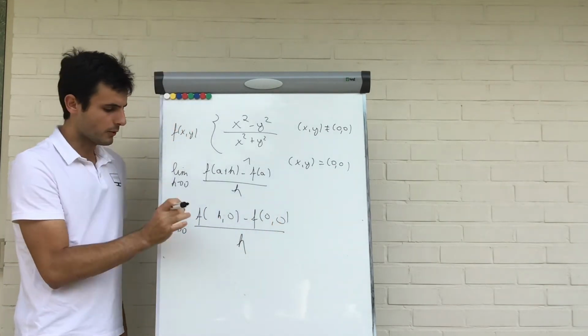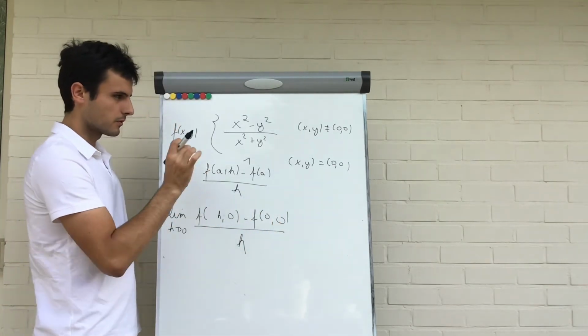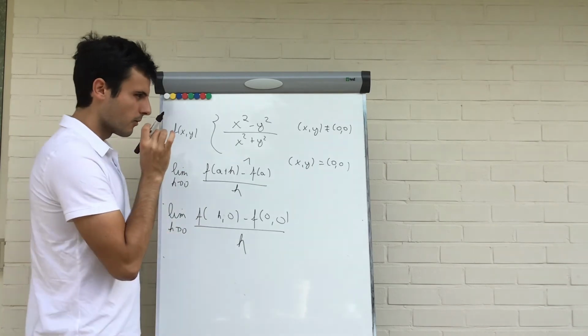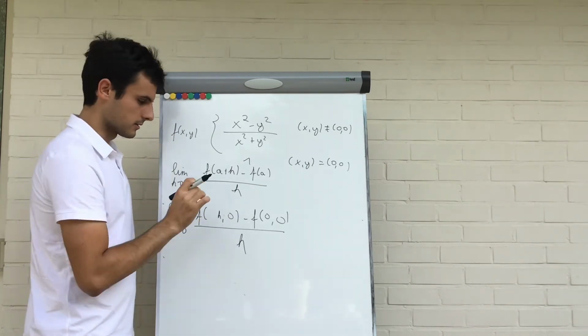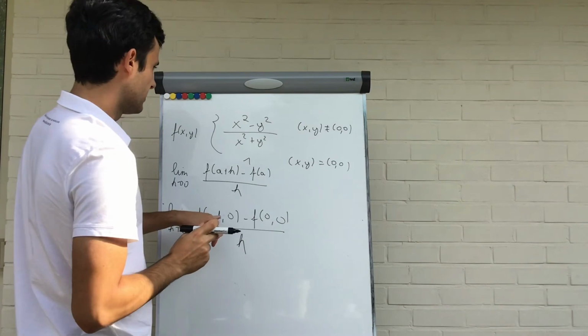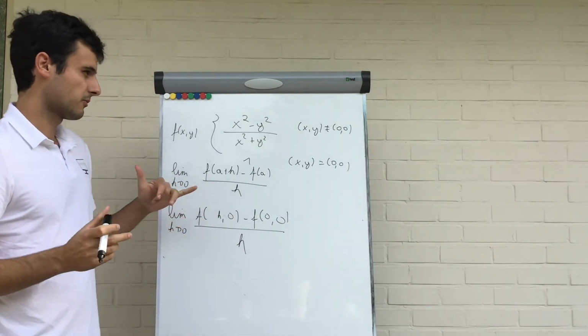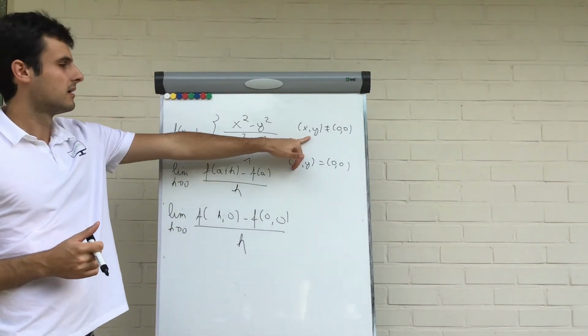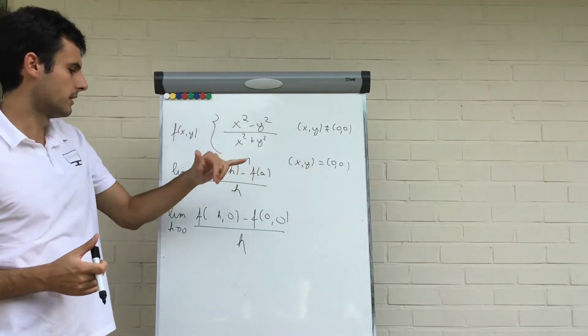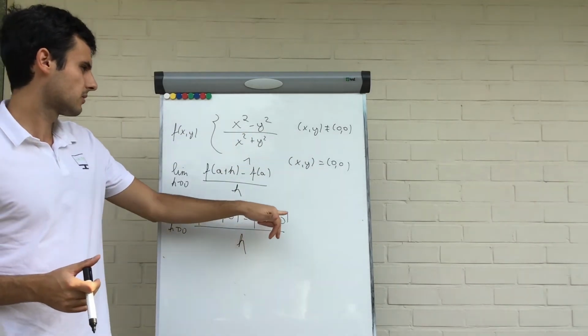So now we are investigating if the first partial derivative for x and y equal to 0 exists. So now f of h, 0, h can be positive or negative, but it has a value, so it will be here, and f of 0, 0 will be here.